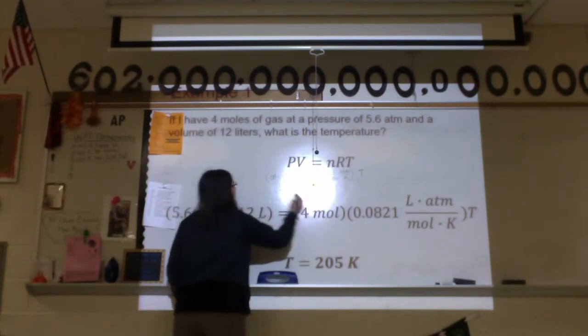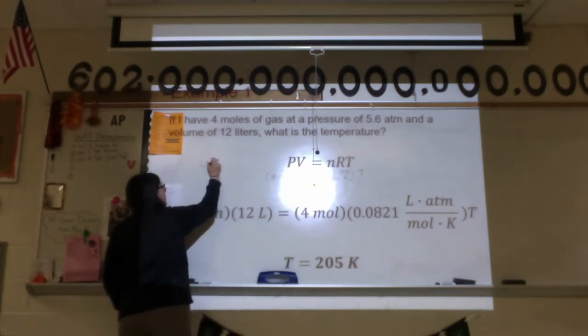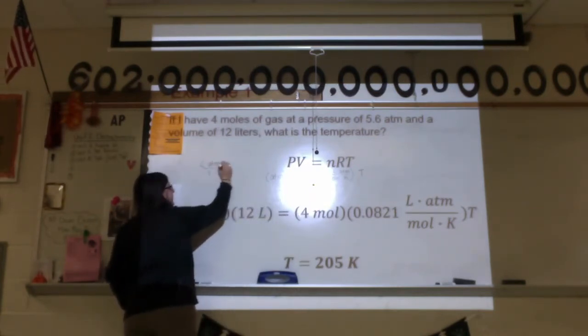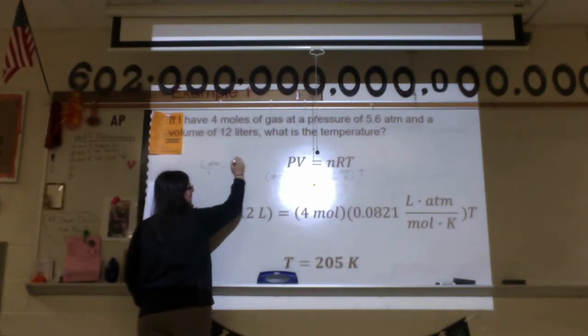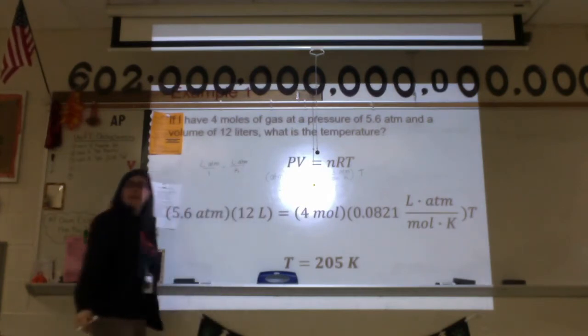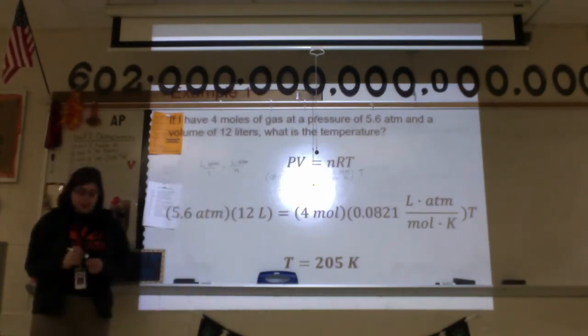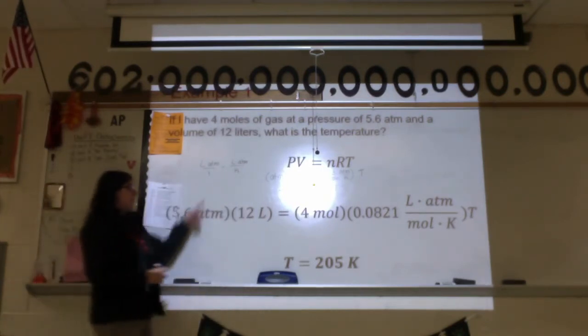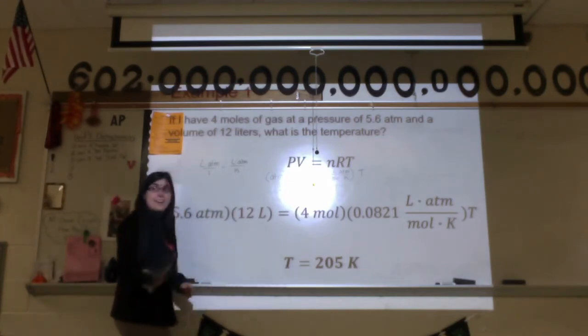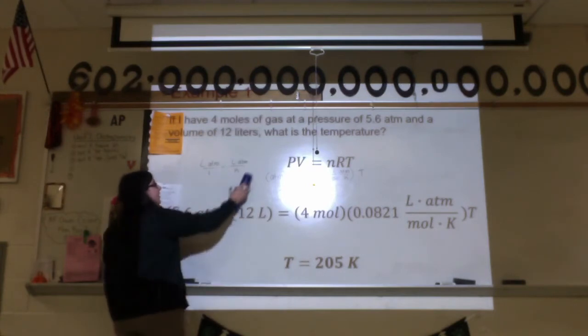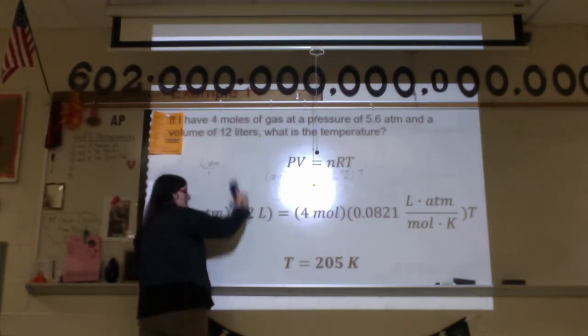Now, how many of you remember, when dividing by fractions, please don't cry, flip the second and multiply? You ever heard that? Okay, so when you're dividing by fractions, please don't cry, you flip the second.